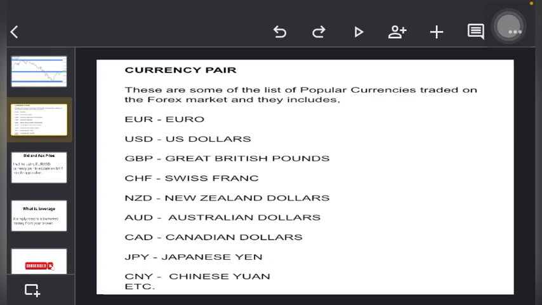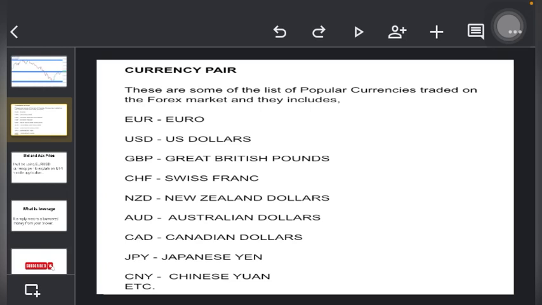Okay, so I will be moving to the next slide, but I hope you understand what this currency pair is. We have a lot of currency pairs. When we move over to the practical aspect of it, you're going to be seeing a lot of currency pairs, and you should know their names. You should know the countries that are trading those currency pairs.